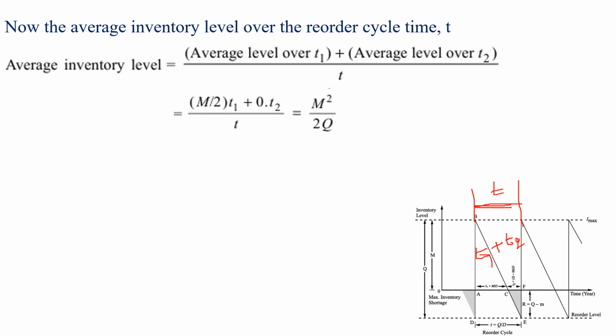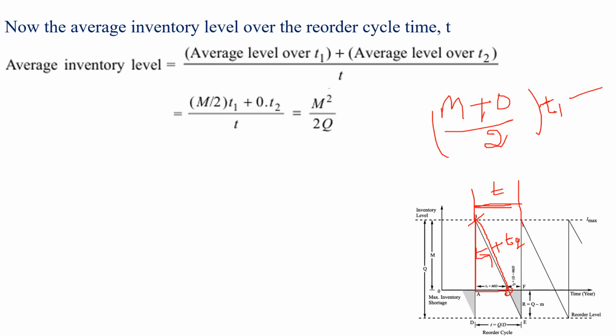How much average inventory are we maintaining here? Here the maximum is M and the minimum is 0. So M plus 0, the average will be divided by 2, over the time period T1.